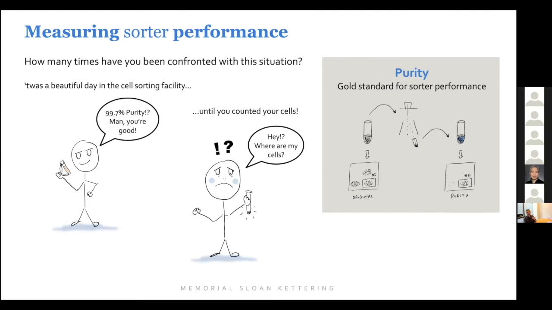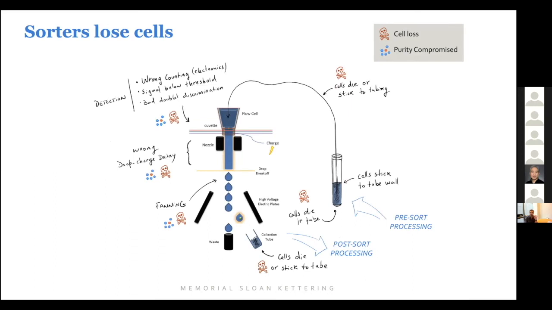So this got us to think about what we could do to really understand if the sorter was performing well or not. And we started thinking, doing schematics: where are the cells being lost? Where is purity being compromised? And, long story short, I've shown this diagram several times in other talks, but essentially, cells can get stuck in the tube or even die in the tube while they're waiting. They can die or get stuck in the tubing as they're injected into the system.